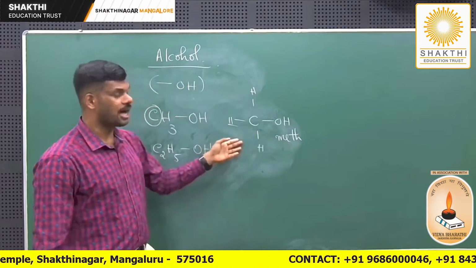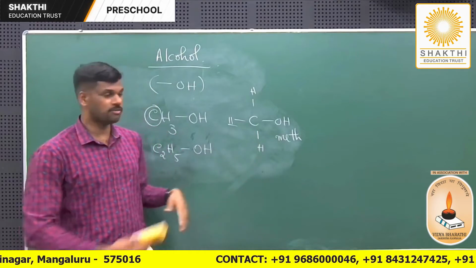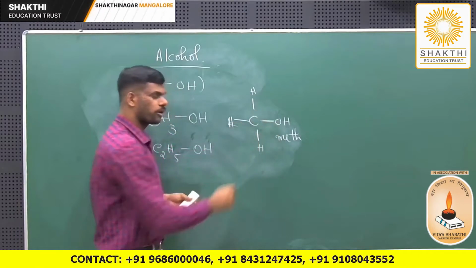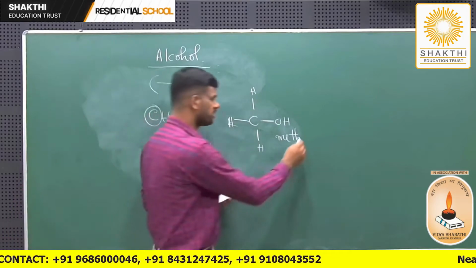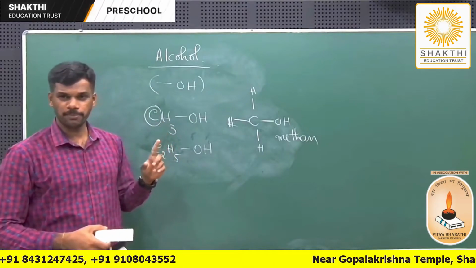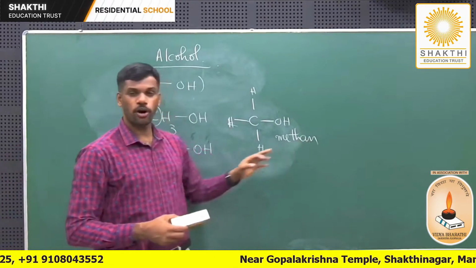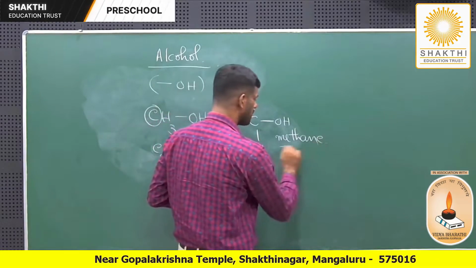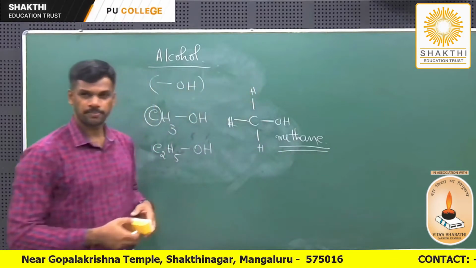We see all single bonds here. Since there are single bonds, we say ane. So meth stands for carbon atom number 1, ane stands for single bond, and the name is methane.